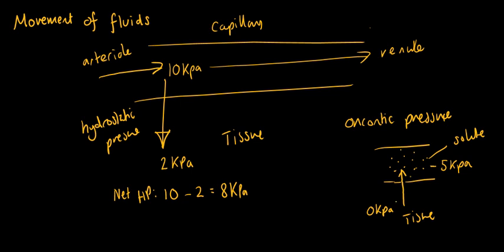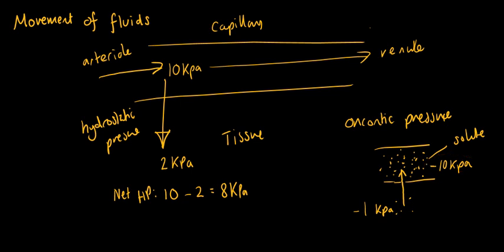If I was to have some solutes here, maybe this would change to minus 1. If I was to have loads of solutes, maybe this would change to minus 10. So the fluid will always want to move to the more negative, high solute concentration.